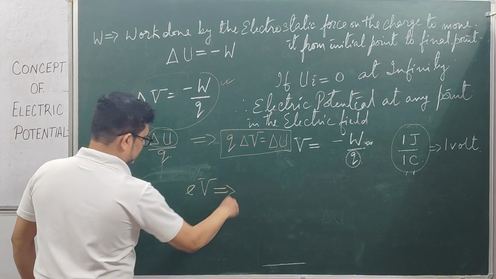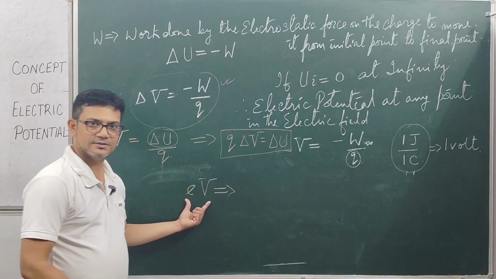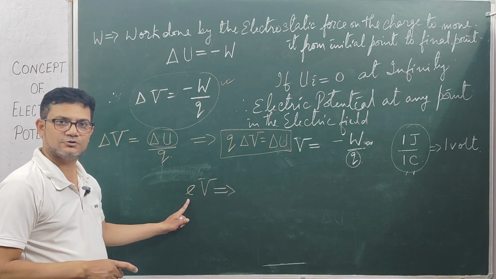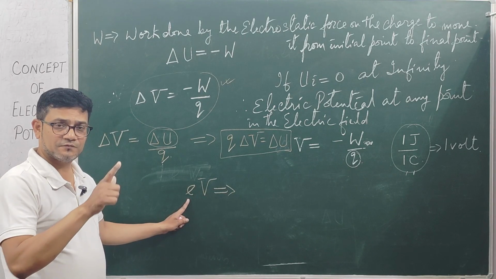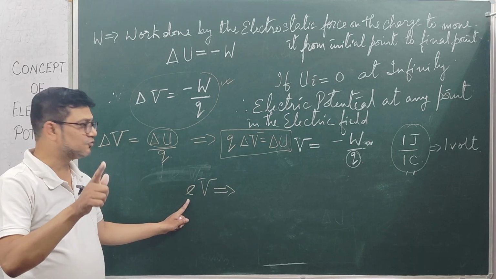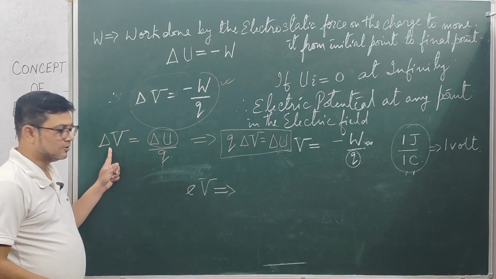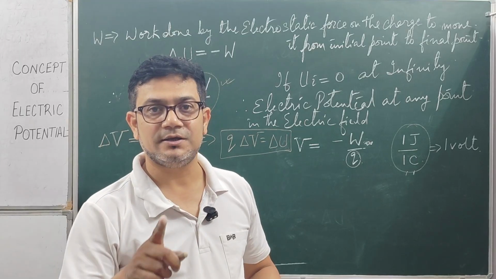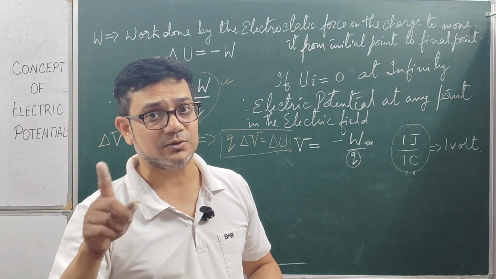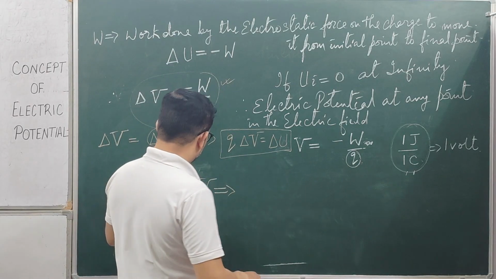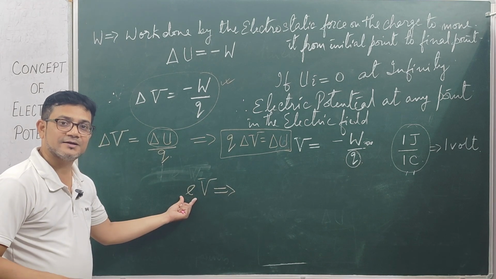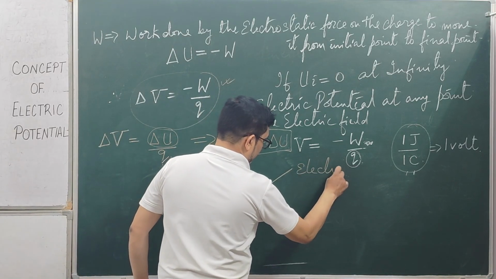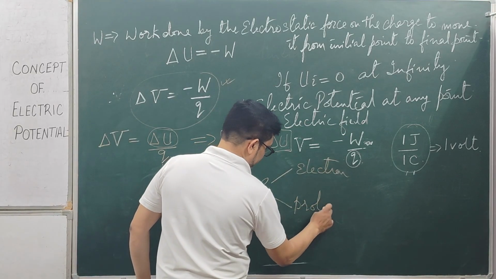The electron volt is the energy required to move a single elementary charge from one point to another through a potential difference of 1 volt.